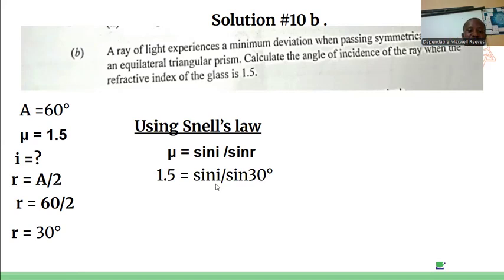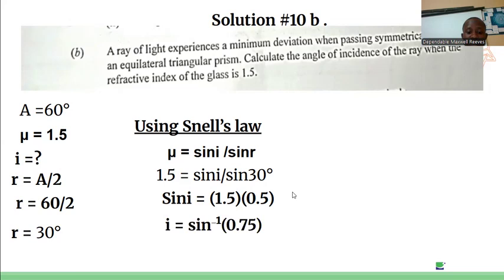So multiplying 0.5 by 1.5, we have sin i equal to 1.5 times 0.5, which is 0.75. We want to solve for i, so we take the inverse of this trigonometric function. So we have i equal to sine inverse of 0.75. Taking the inverse, our final answer is 48.6 degrees as the angle of incidence.